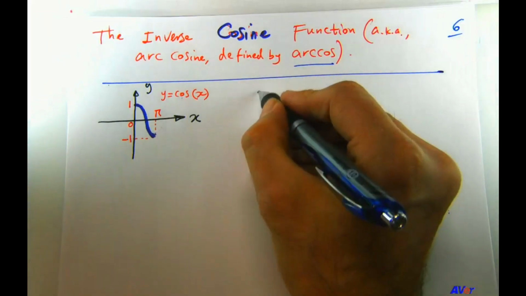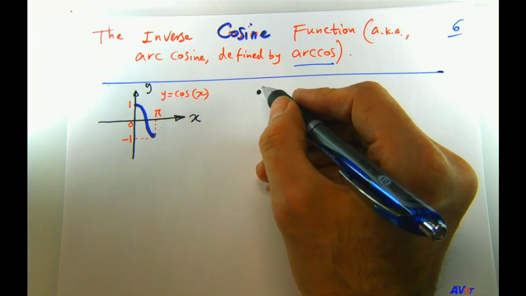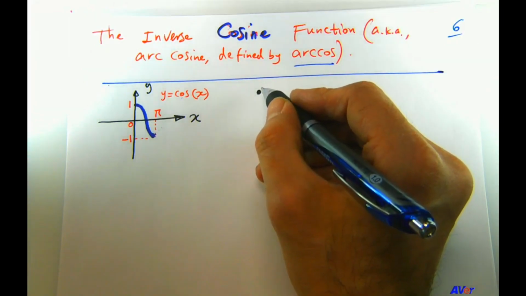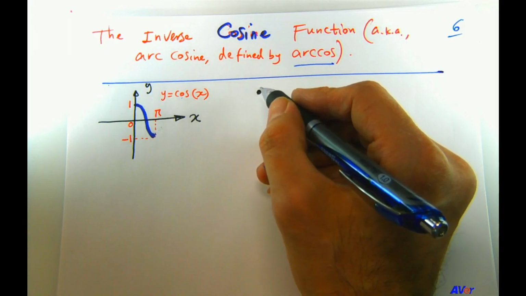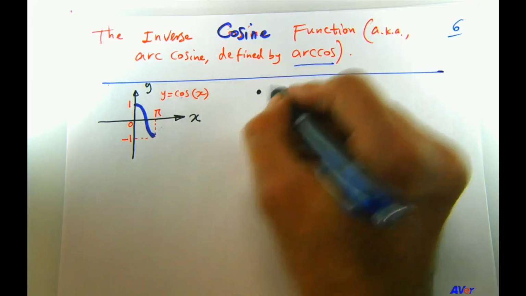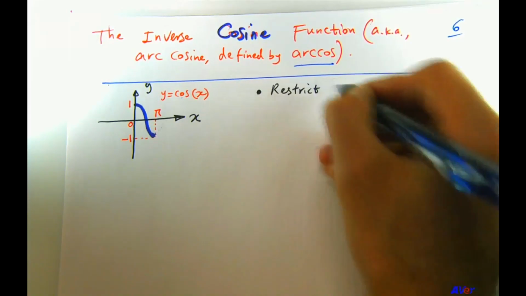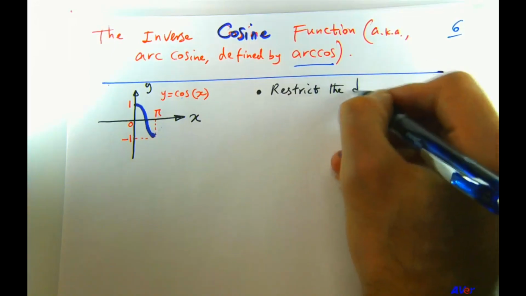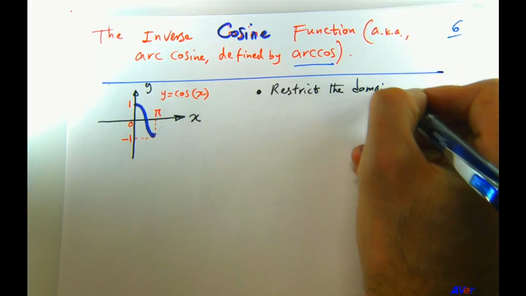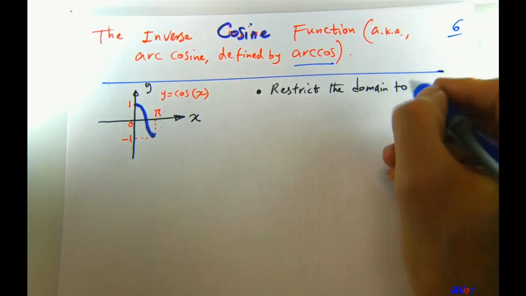Okay, so let's write the same things down here. So we want to restrict the domain to 0 to pi, right?